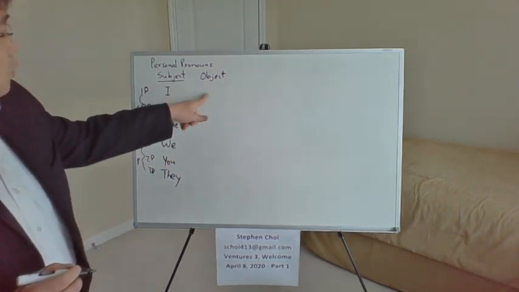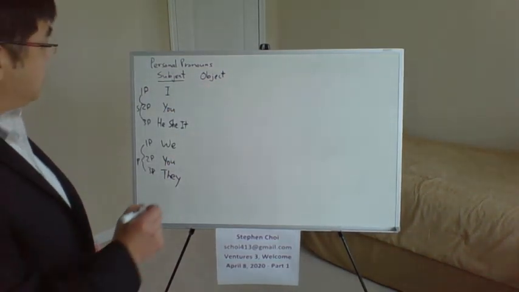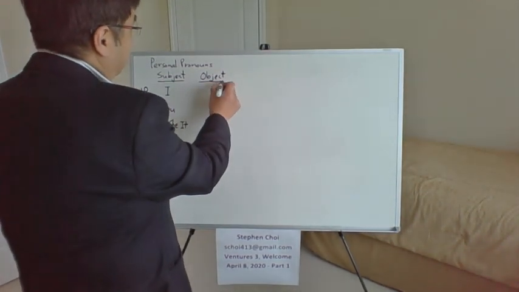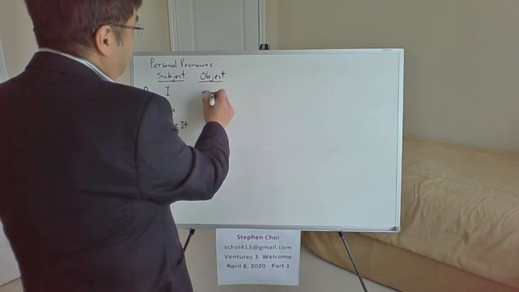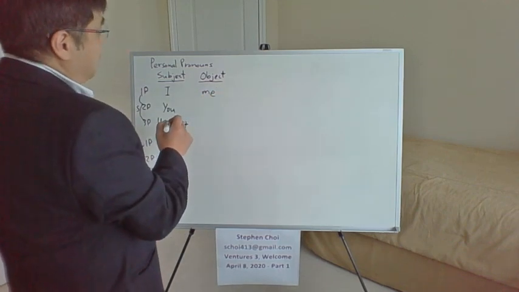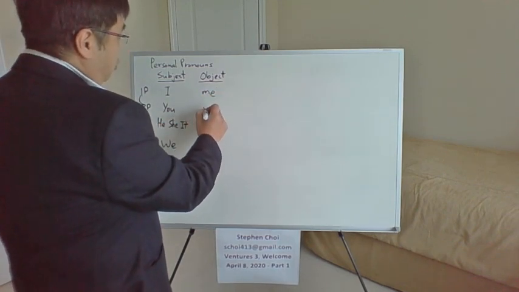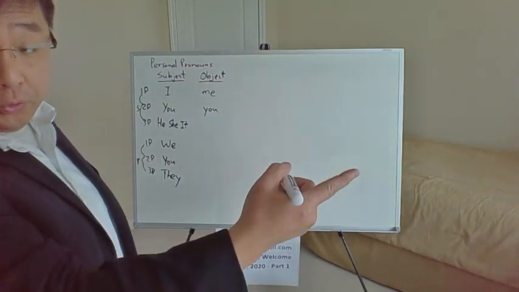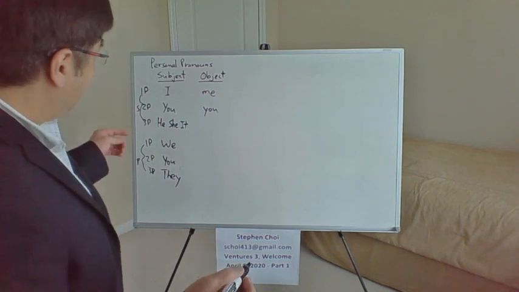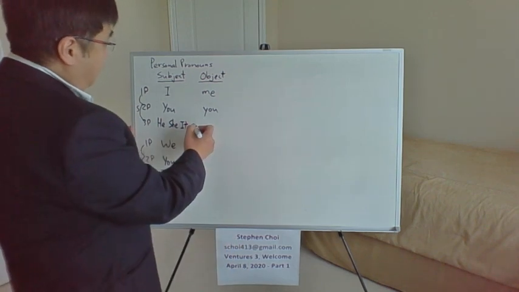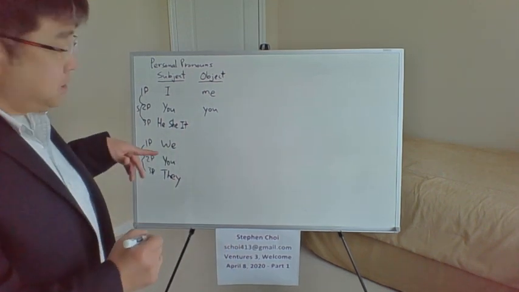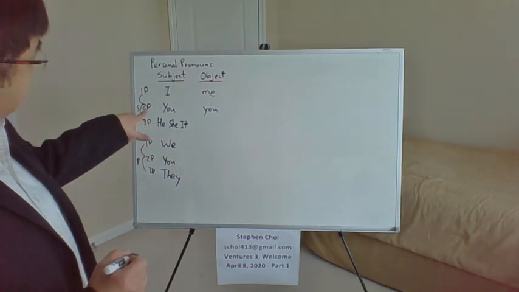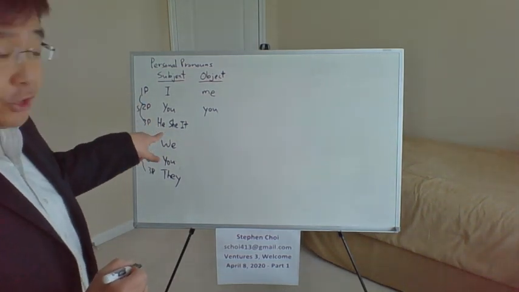What about the object pronouns? What do you have there? First person singular object is me. You is you, right? You love me, I love you. And then how about for he? He is third person singular masculine, right?